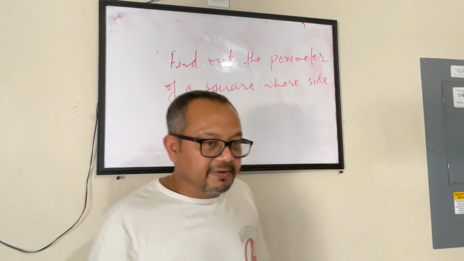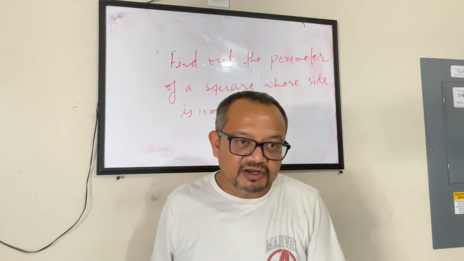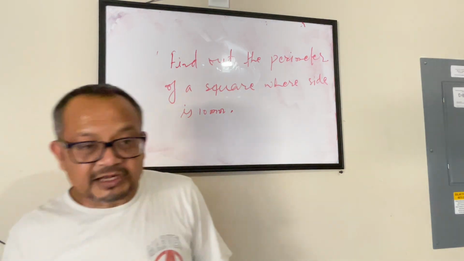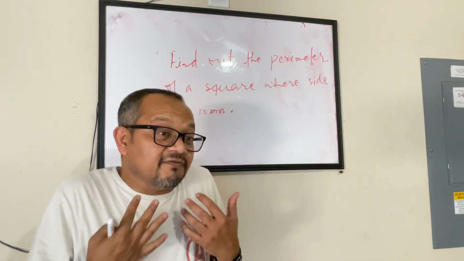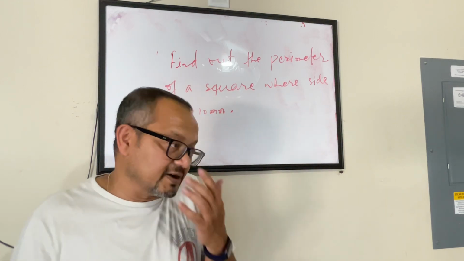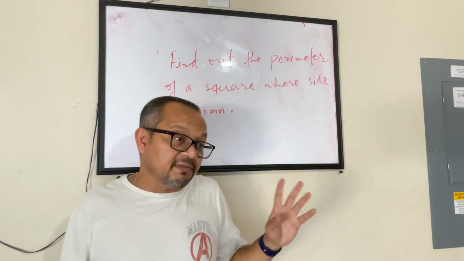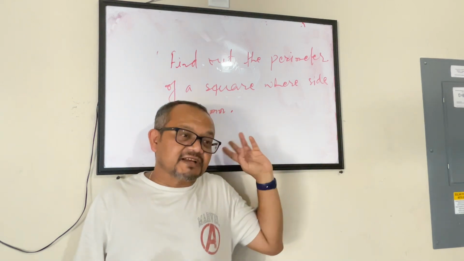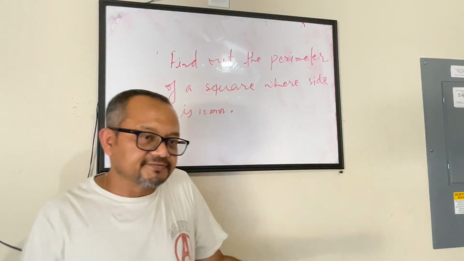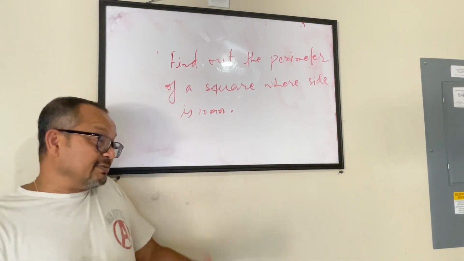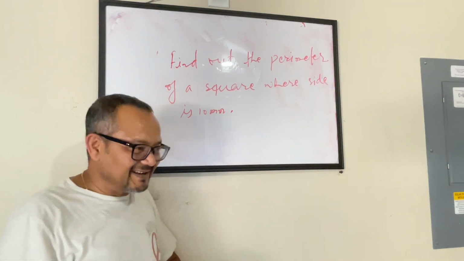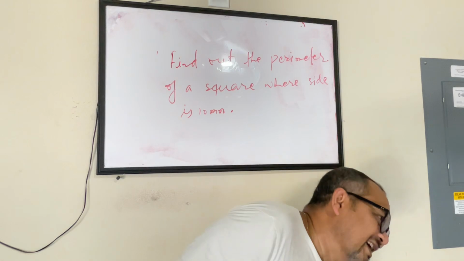Everybody try solving it and tell me what it is. And you have to not just tell me the answer, you have to tell me the how part. I want to be convinced that you have understood before solving it. Find out the perimeter of a square where the side is 10 millimeters. How will you solve it? Think about it and tell me.